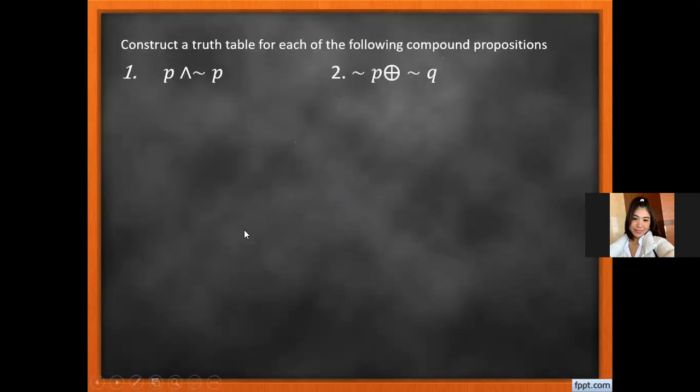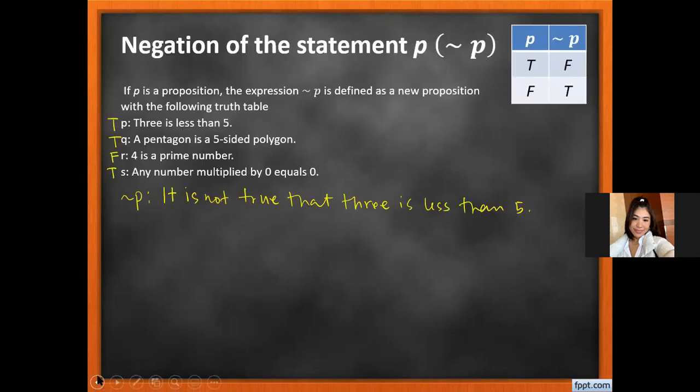So, since we have made use of the negation phrase, it is not true, then negation of P becomes a false statement. So, originally, P is true and its negation must be false. So, how do we construct the negation? It is not true that 3 is less than 5. So, it's a false statement then.